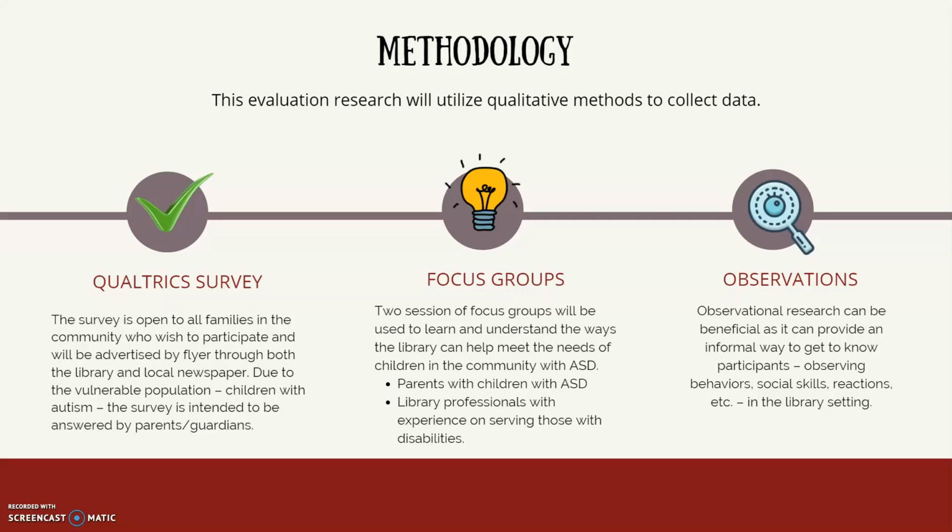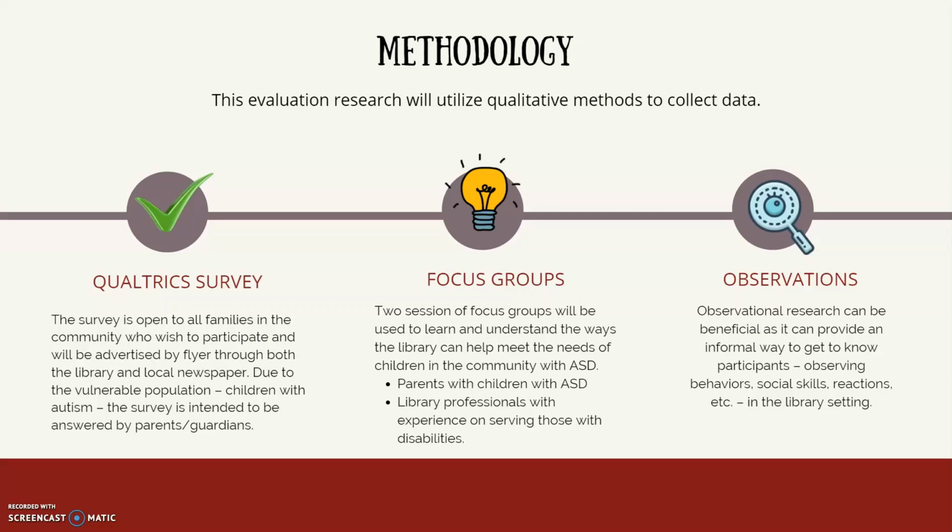Due to the vulnerable population, children with autism, the survey is intended to be answered by parents and guardians. The questions are designed to understand each individual child's experiences with the library, from sensory stimuli to potential program accommodations the library can make to help children with ASD feel welcome at the library. Focus groups will also be implemented with 2 different sessions.